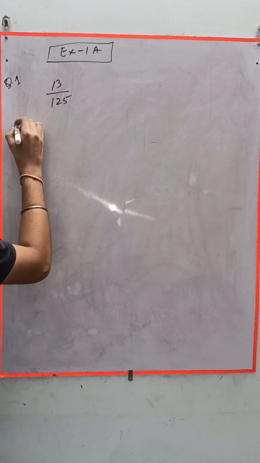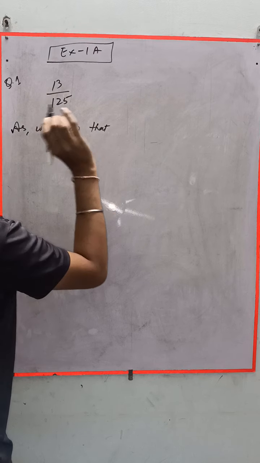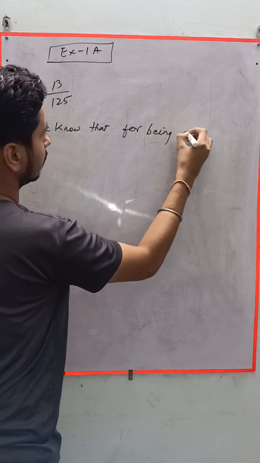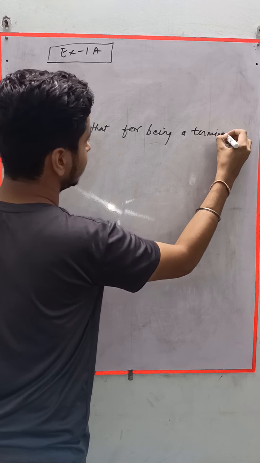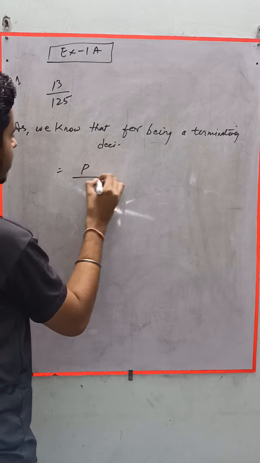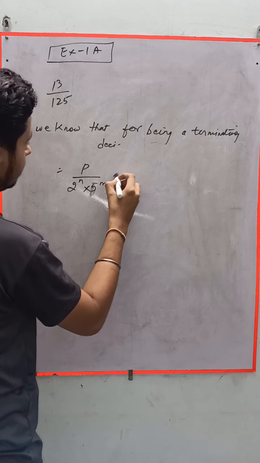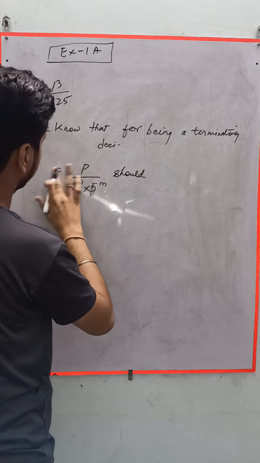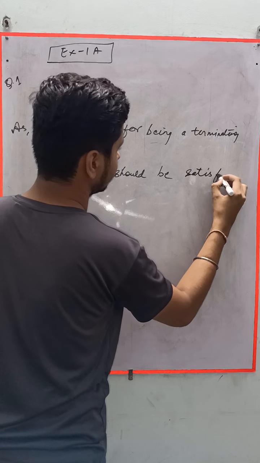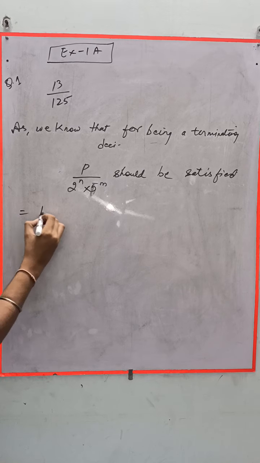So the formula, as we know, for being a terminating decimal, p upon 2 to the power n into 5 to the power m should be satisfied. Okay, so 13 upon 125.